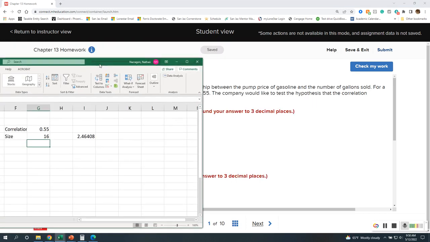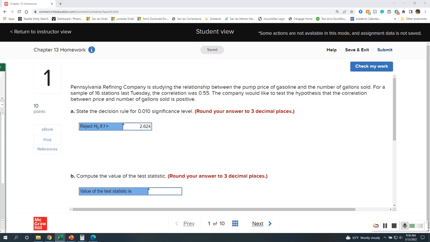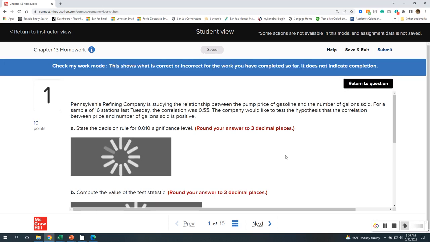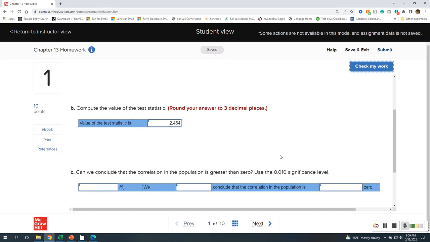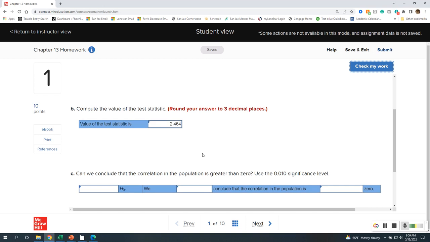So our calculation is 2.464. Because it says round to 3 decimal places. So we're going to check. Boom. Again, using the software to help us out.